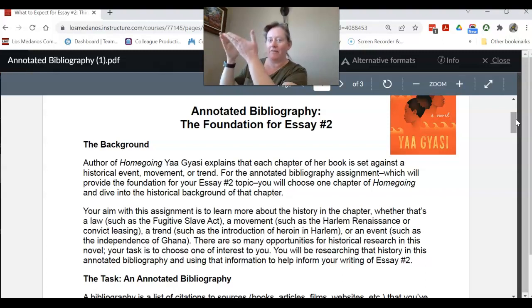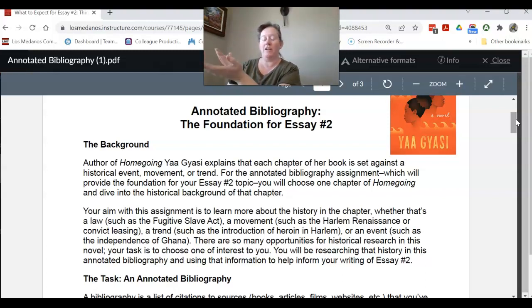Because we have this gift from Jessie of these historical foundations happening throughout the whole book, and we have this requirement that we have to meet. And so rather than having you write an entire essay about the history, I'm asking you to create an annotated bibliography.